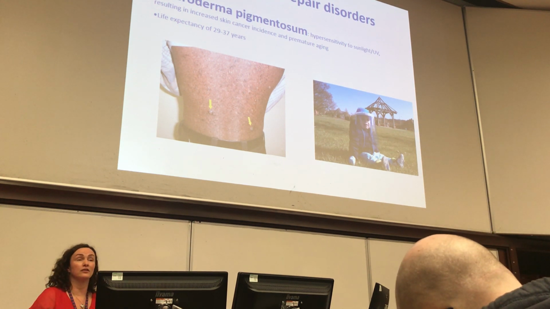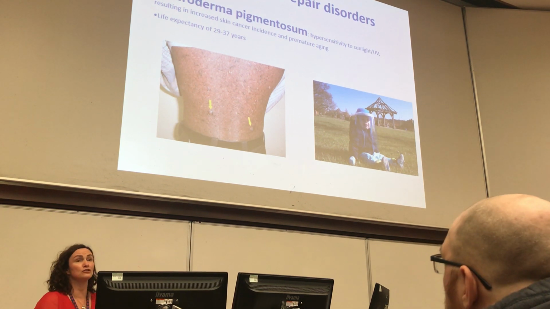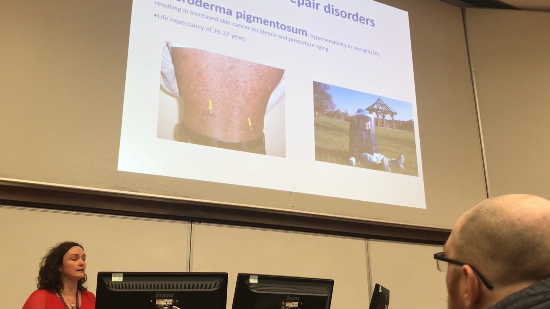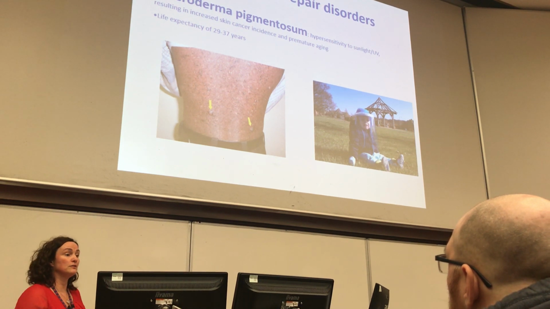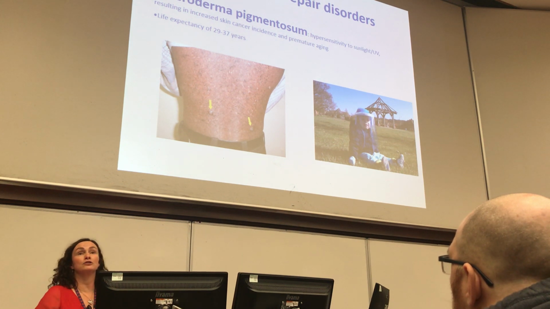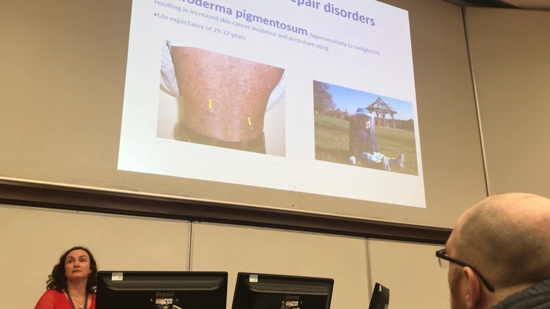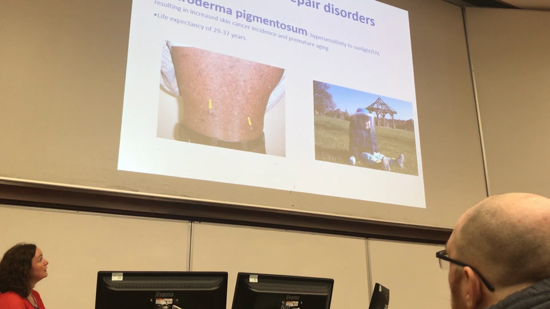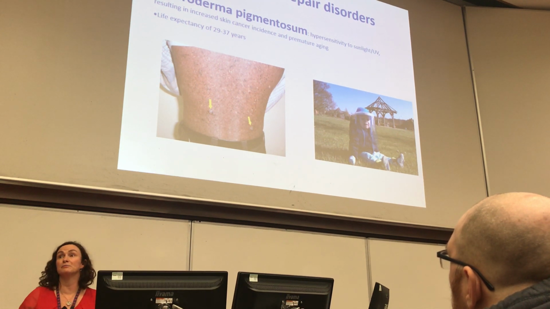However, there are mutations, I think 9 or 10 mutations known to occur in the nucleotide excision repair pathways, which mean that individuals that have these mutations are unable to repair the damage that they're exposed to. So they can't go out in sunlight, and if they do, they have to wear this type of clothing to protect them.